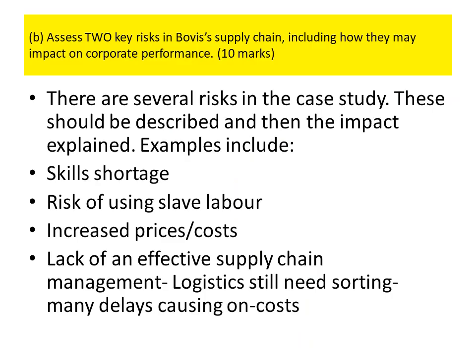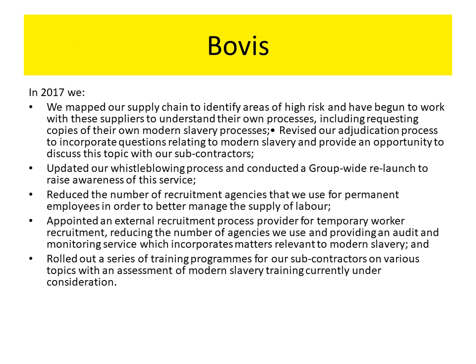What are the risks in the supply chain? Well, there are several. I've just given you a broad brushstroke there. Skills, slave labour, increasing prices, lack of effective supply chain management, the logistics still needs sorting, many delays causing on costs, quality risks. There are many risks, and talking about that, Bovis say we mapped our supply chain to identify areas of high risk, and we've tried to work with suppliers on their processes and modern slavery, and questions on whistleblowing.